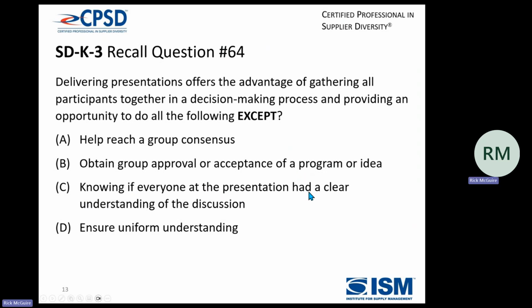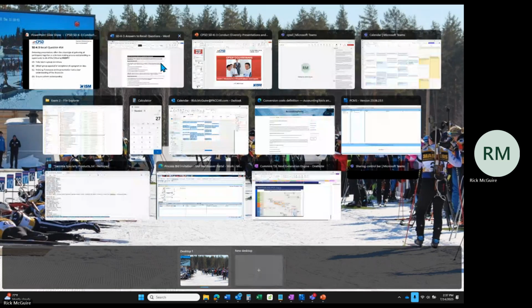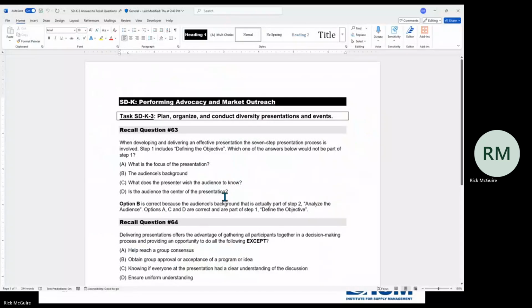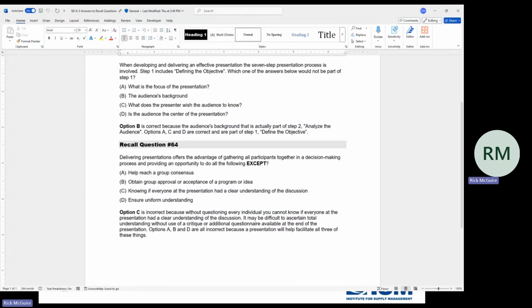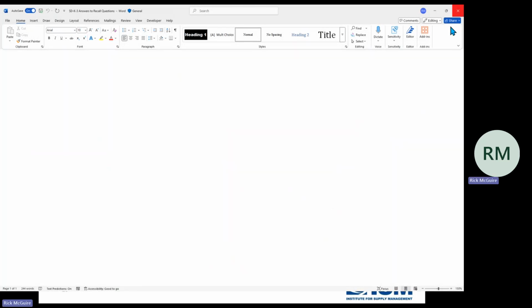Knowing if everyone at the presentation had a clear understanding of the decision, I don't know if you could know. Ensure uniform understanding, that one you could. So it's got to be C. And C it is.